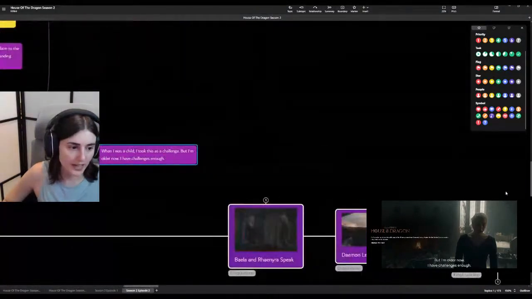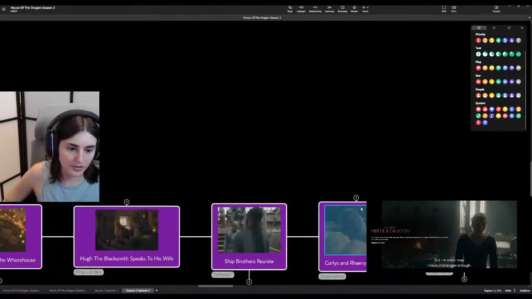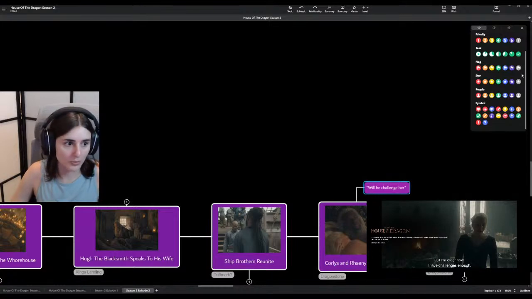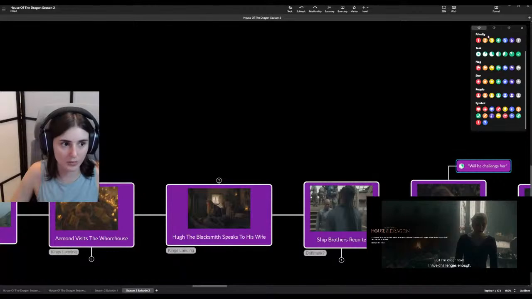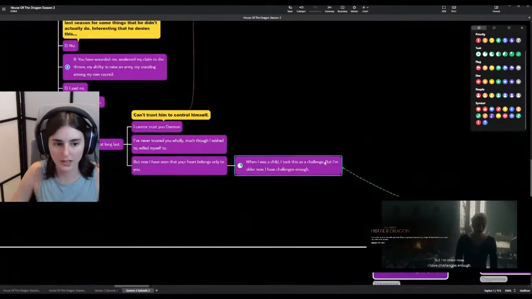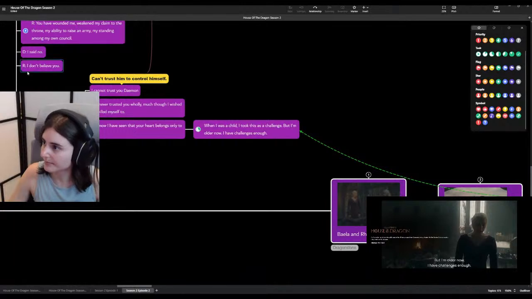Basically, it's been a challenge. And then later on, when we get to this scene with Corlys and Rhaenys, we actually have a similar line over there. So I'll put that over there just to remind myself, and those two will eventually become connected. Woo! I love that. There we go. See? They relate. Okay.